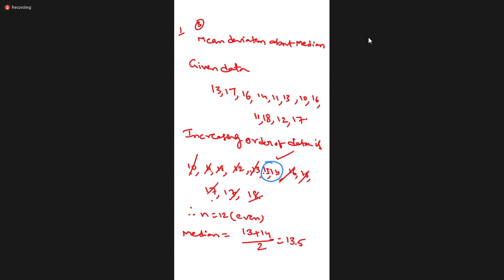So 6th and 7th observations by 2. Sir, I understand 13 and 14 as median. Yeah, average find out. Median is represented with M. Again, the same process as we did for mean. There we mention X bar, in place of X bar, M came. That is only the difference.